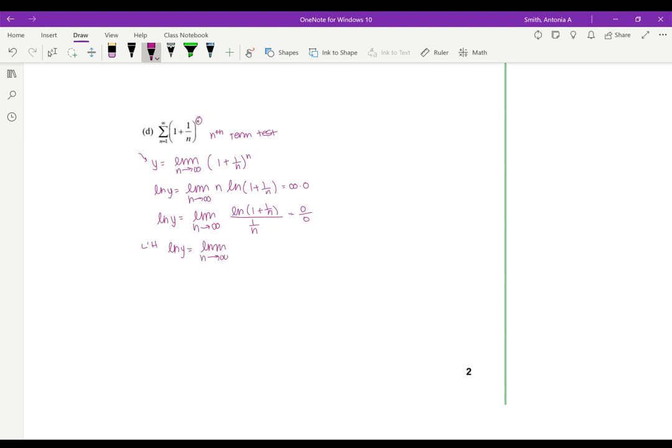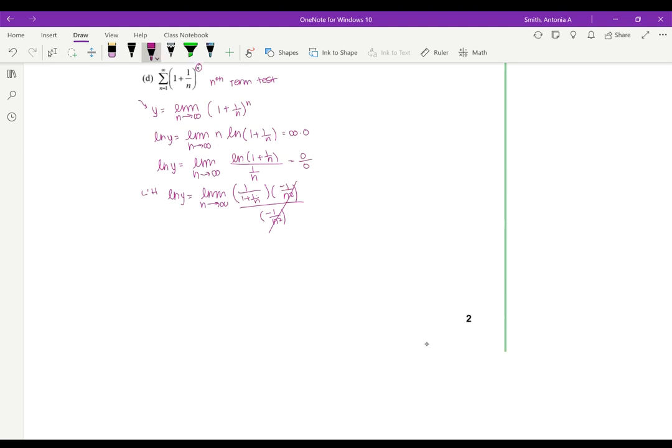The derivative of the numerator is 1 over 1 plus 1 over n times negative 1 over n squared over the denominator, which is negative 1 over n squared, which is really good for us. Those are going to divide out.